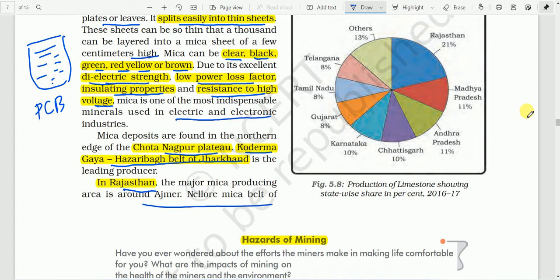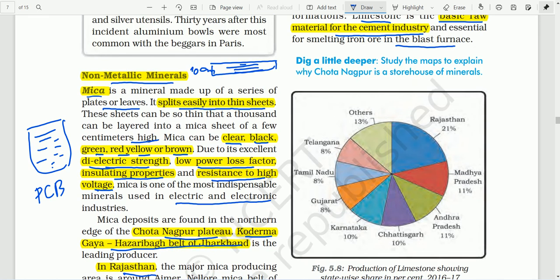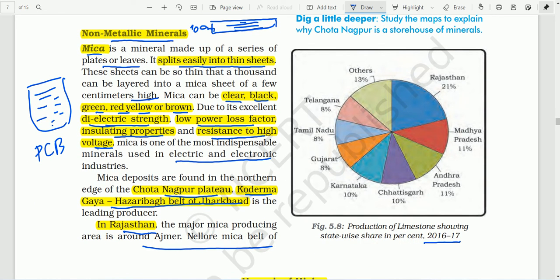About the production of limestone in the year 2016-17, just see this pie diagram. Rajasthan, with 21% of the total production in India, is the leading producer of, not mica, it is limestone.